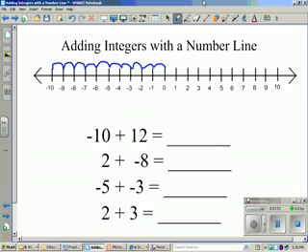It'll be 12 units. So I'm going to do a lot of backtracking. 1, 2, 3, 4, 5, 6, 7, 8, 9, 10, 11, 12. And you can see that I end up at 2 on the number line. So I'll put that answer there. My answer would be a +2.